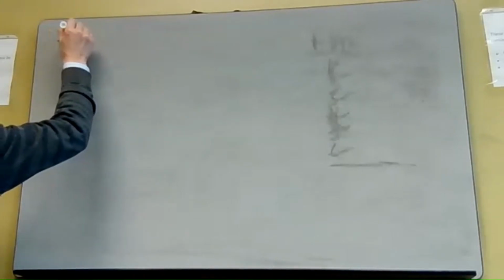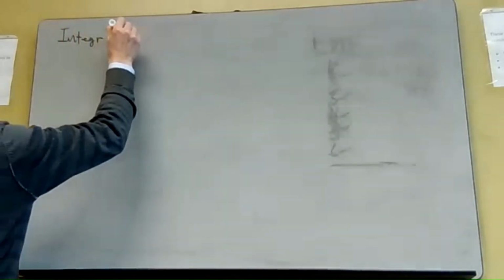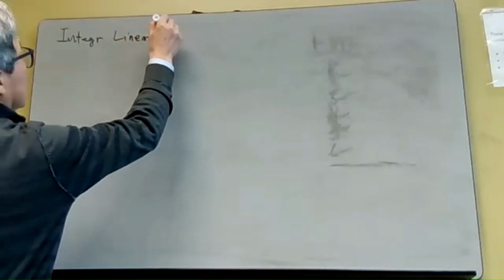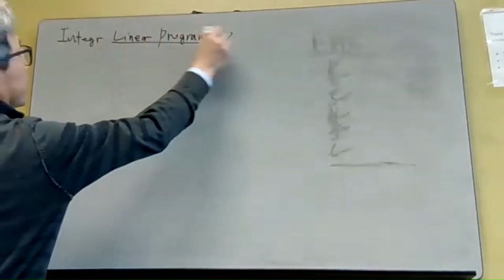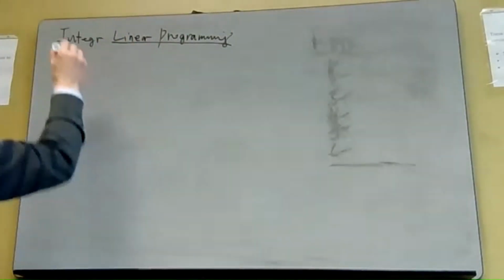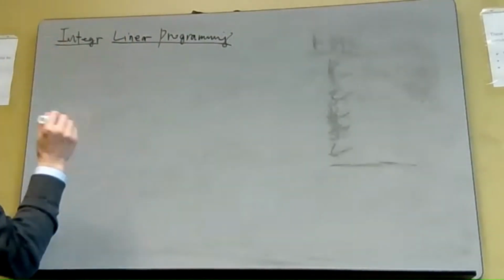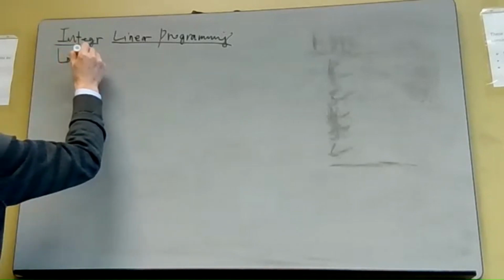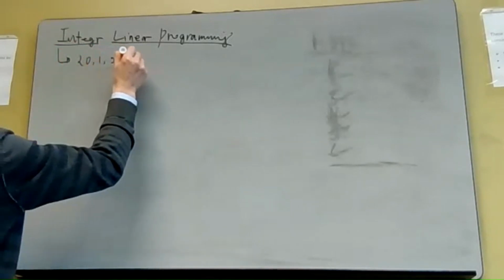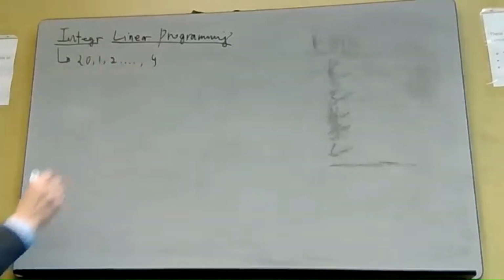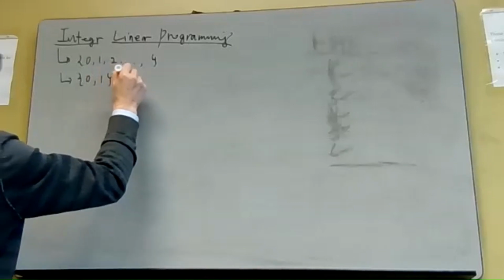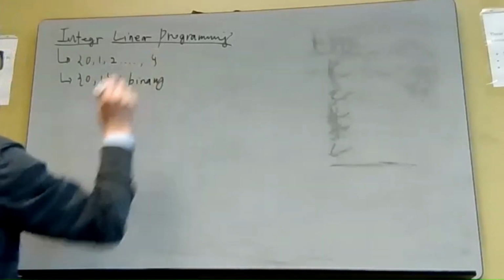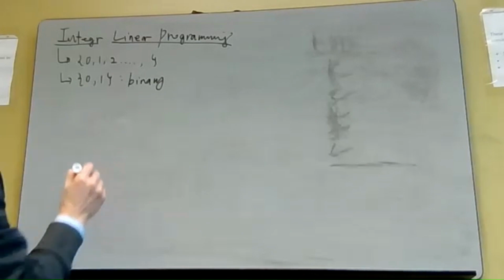So first, you're familiar with linear programming, then our solution will be integer variables. When it comes to integers, you see 0, 1, 2, these kinds of integers. And if your solution is only 0 and 1, we call it binary integer solution.